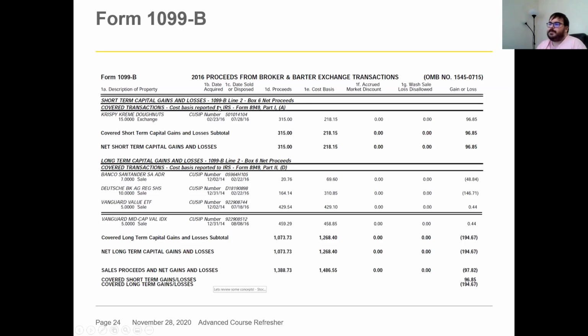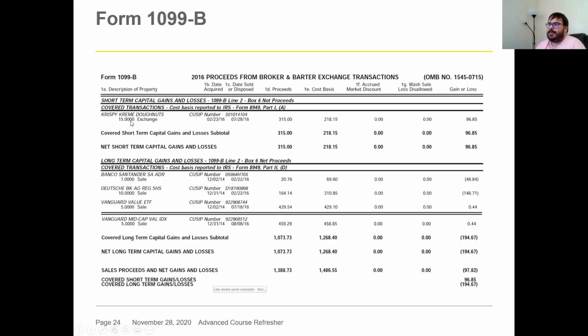So if the cost basis was reported to the IRS, you would put it on an 8949 in the first section, under box A, that will say it's short-term and the basis was reported to the IRS. If it was not reported to the IRS, it would go into box B, and if it's not reported on a 1099-B and it's not reported to the IRS, then it will be code C if it's a short-term.